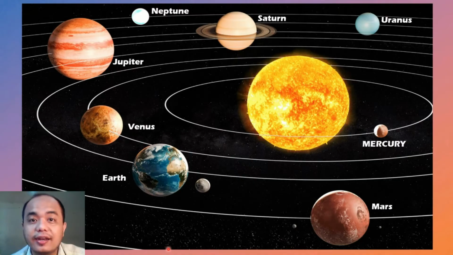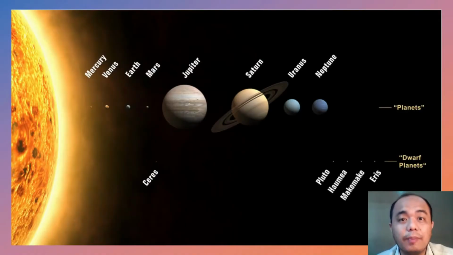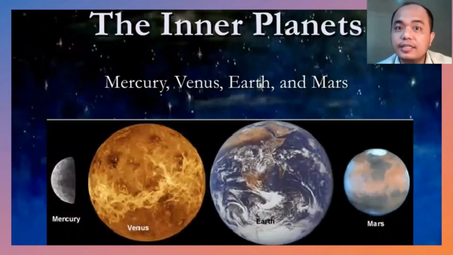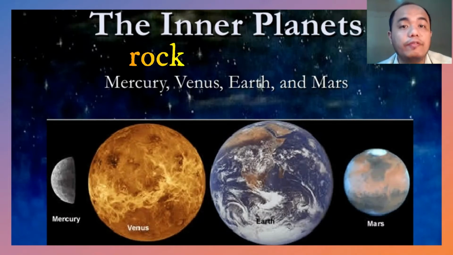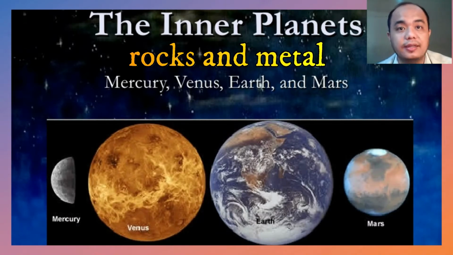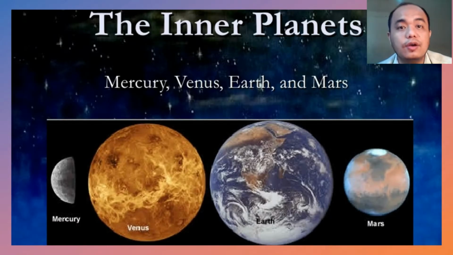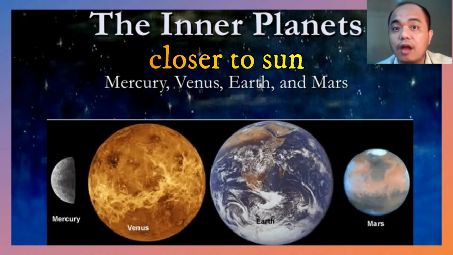And the sun is the center of the solar system. The inner or the terrestrial planets include Mercury, Venus, Earth, and Mars. These inner planets are solid and mostly made up of rocks and metal. These inner planets also don't have rings. And these are the planets that are closest to the sun.